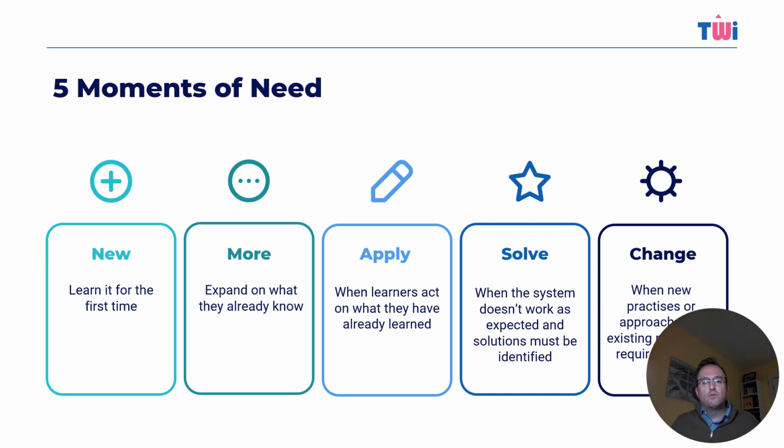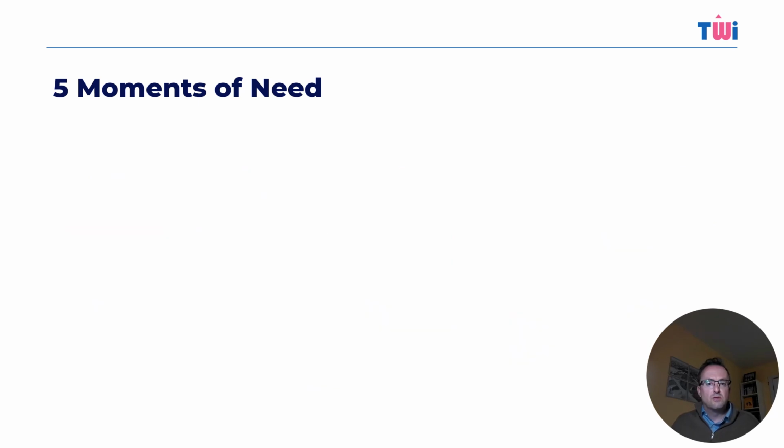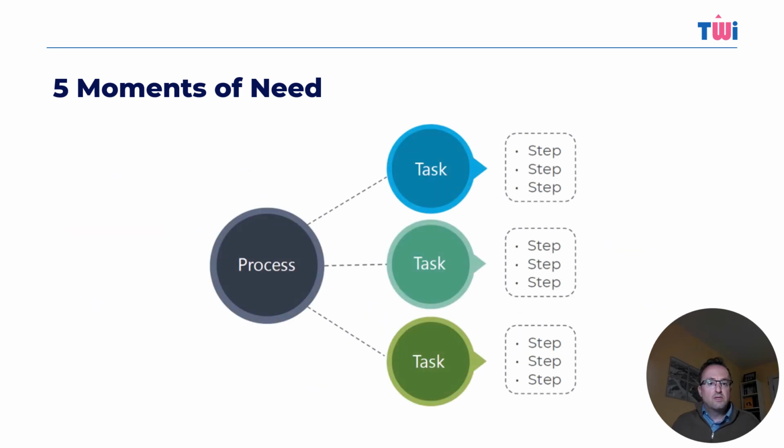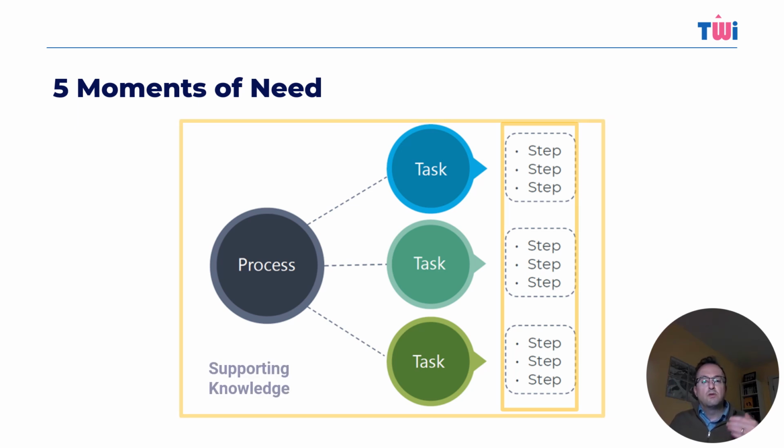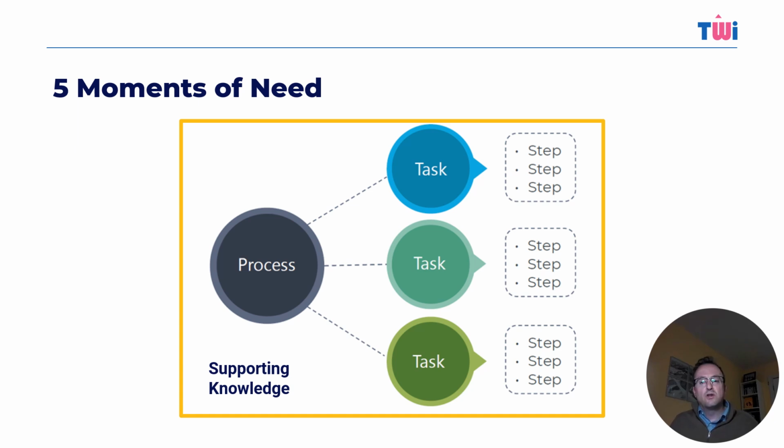In this way, we would break down the potential learning as follows: a process, a number of tasks that result in the completion of broad performance outcome; tasks, a number of steps that make up a specific performance outcome; step, a specific action that doesn't stand alone but forms part of an overall task. And all of these are supported as well by what's called supporting knowledge, which is additional training material that can add context to a step or task if needed.